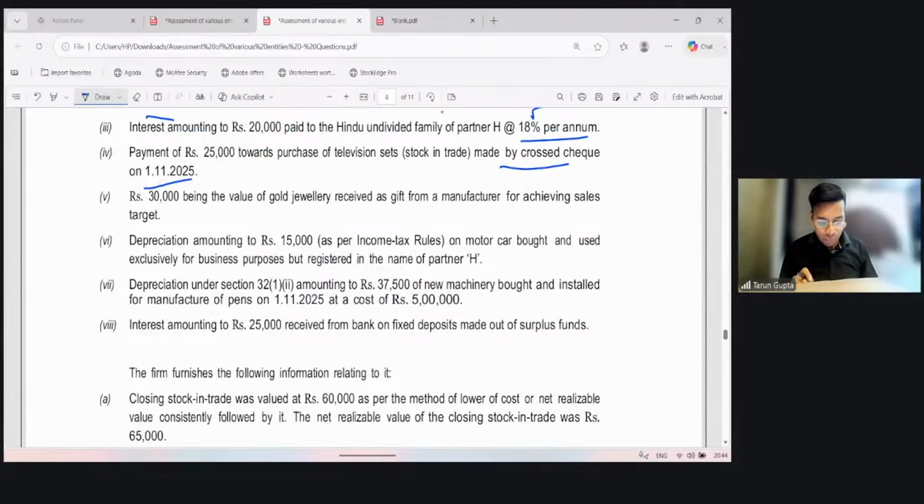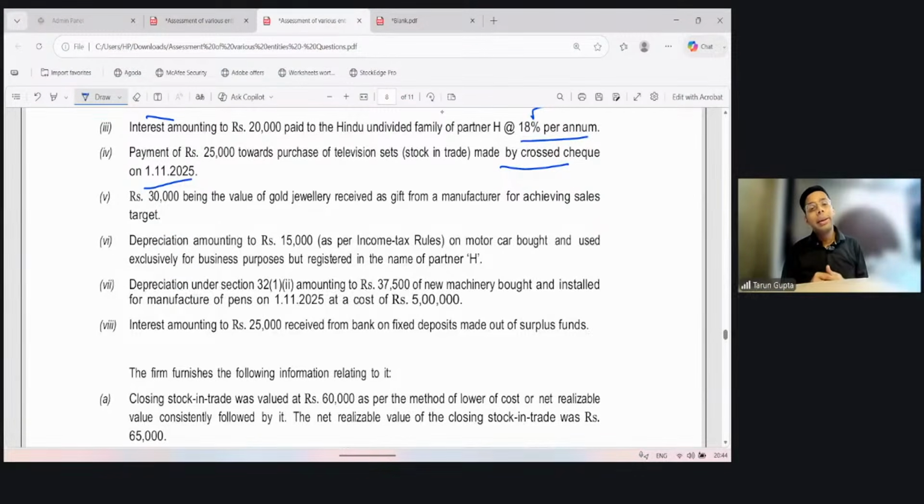Depreciation amounting to rupees 15,000 as per income tax rules on motor car bought and used exclusively for business purpose, but registered in the name of partner H. What it is saying is that there is a motor car which is used by the partnership firm, but the registered owner is not the firm, it is the partner. So the question is whether the firm is eligible for depreciation.